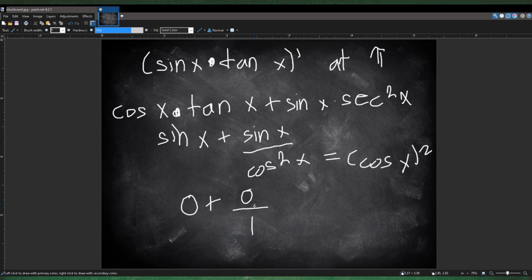So we have 0 plus 0 over 1. So 0 divided by any number is just 0, unless that number is 0, which you could use calculus for, which we will teach later on. But for now, a 0 divided by a number is basically just 0. So 0 plus 0 is 0. So basically, the derivative of sine of x times tangent of x at pi is 0.